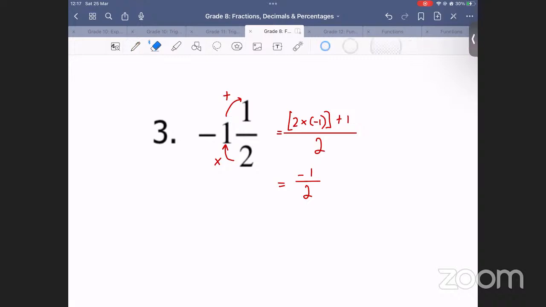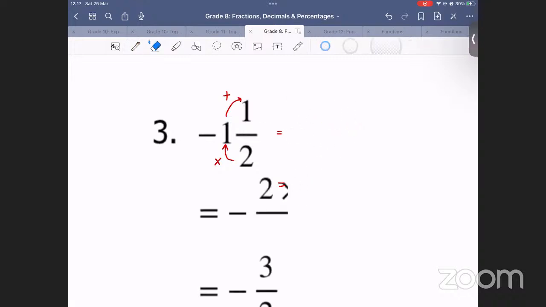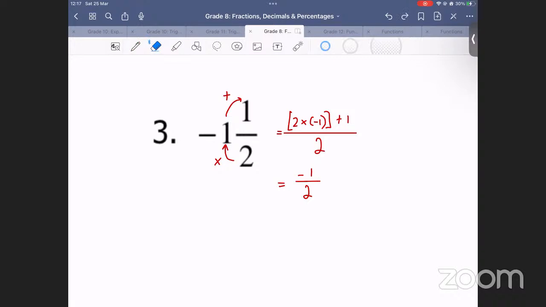Okay, so what you need to do actually is ignore the sign. You need not consider the sign. Ignore the sign and just put it beforehand in the final part.